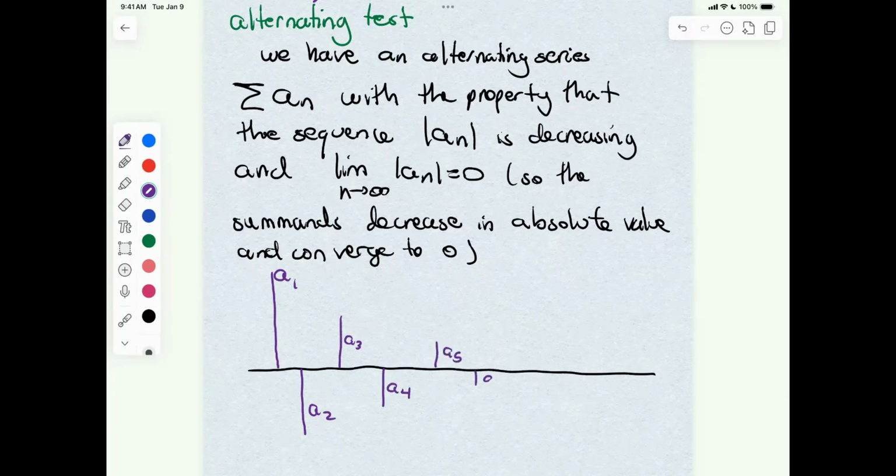Imagine the height being the value of the number. If it started positive, it switches to negative, then positive, negative, positive, negative. But the height of the building, in absolute value, shrinks. So if you put the absolute values everywhere, this one is taller than this one, which is taller than this one, and so on, in absolute value, like the actual height of these numbers.